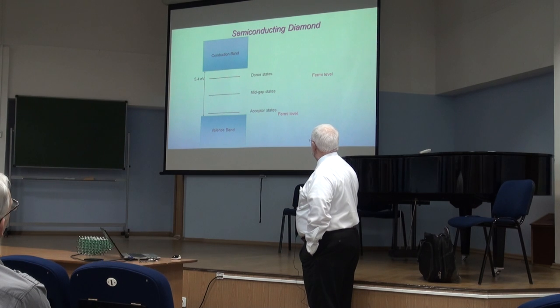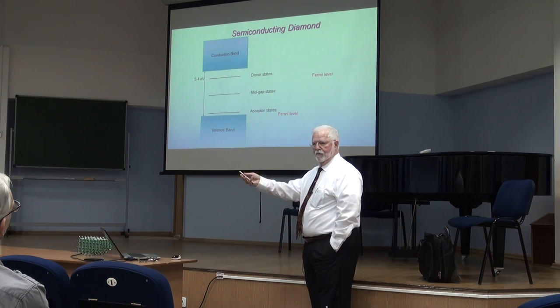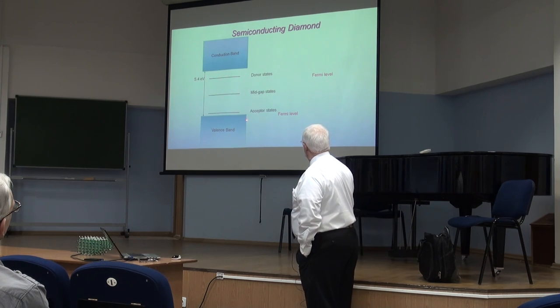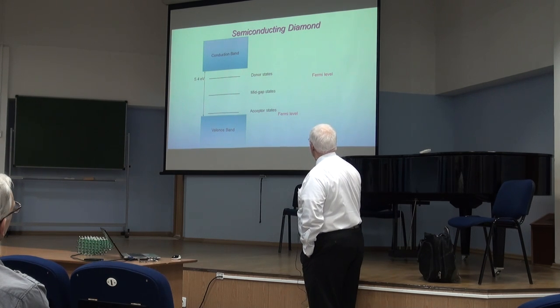But more typically, what we do is we introduce impurities into the band gap. So an atom such as boron for diamond will go in and create a state that's very close to the valence band, and you can thermally excite electrons from here to here to create holes in the lattice, and that's how you get carrier conduction.